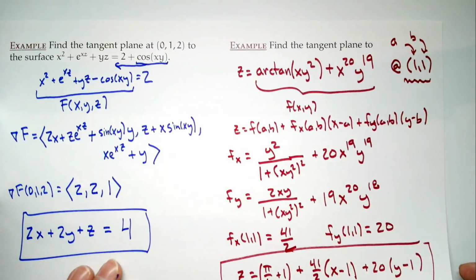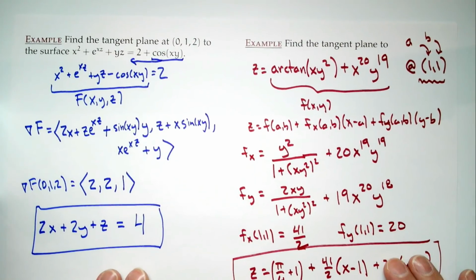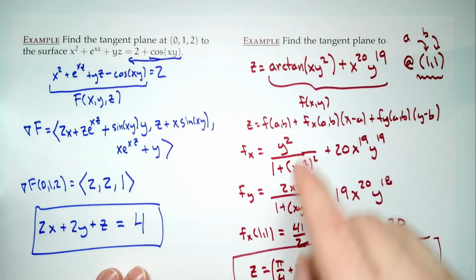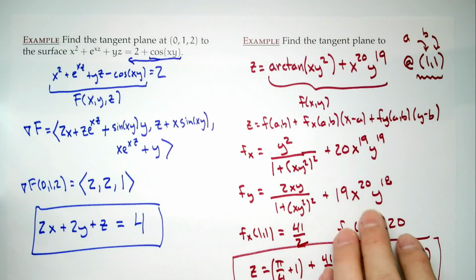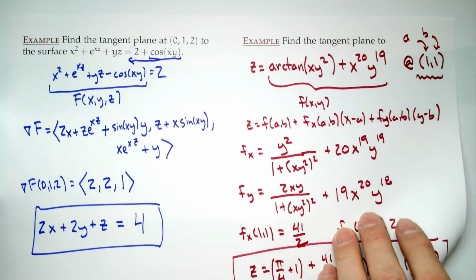Could we also do that using the gradient if we move the z over? You could absolutely do this using the gradient if you move the z to the other side, because they will give you the same answers. It's not any more or less work. It's basically the same process. You're still going to find the partial derivatives. You'll still get the same answer.